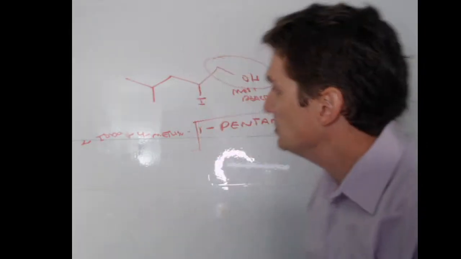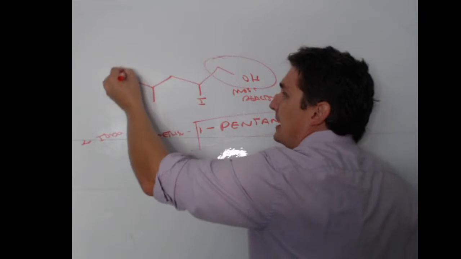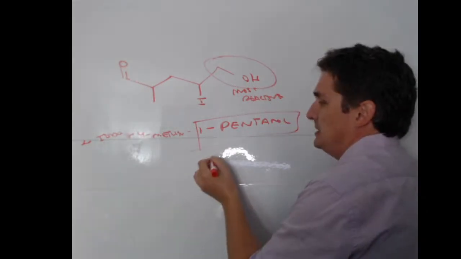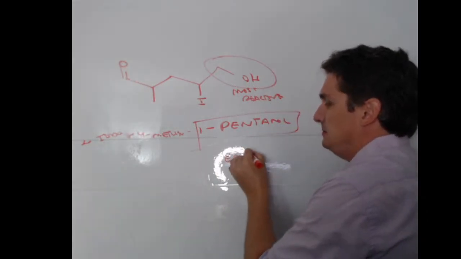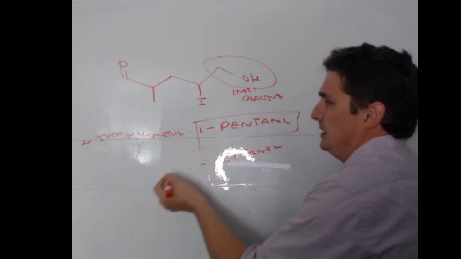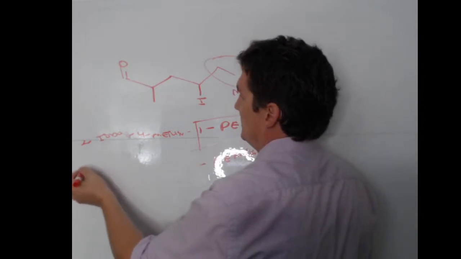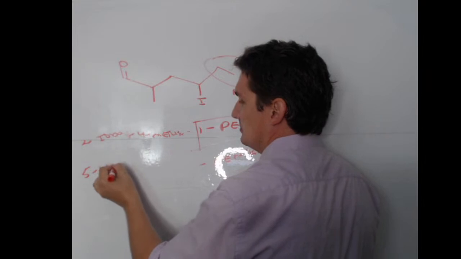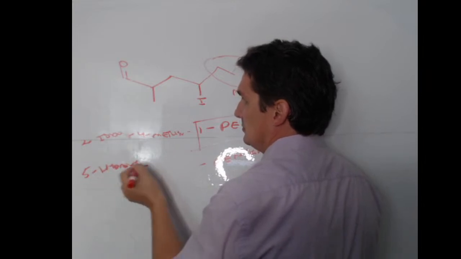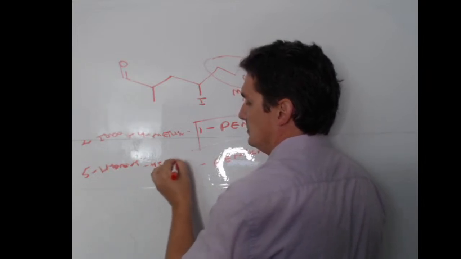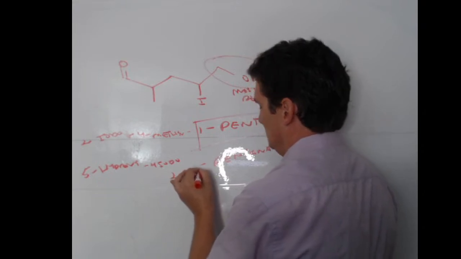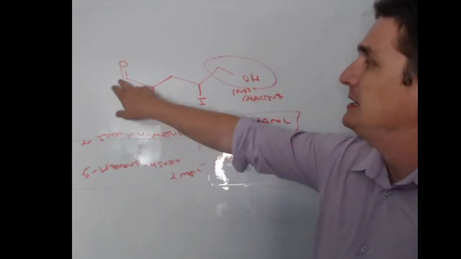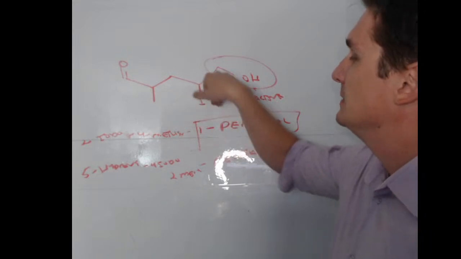This isn't always true. If we had an aldehyde in here, this would end up actually being pentanal. And we would have 5-hydroxy, 4-iodo, 2-methyl, pentanal. The reason being that the aldehyde is a lot more reactive than the alcohol.